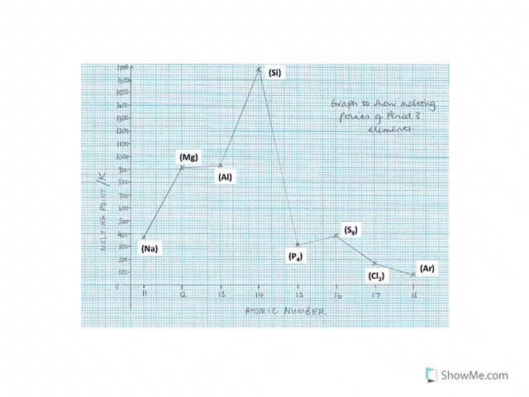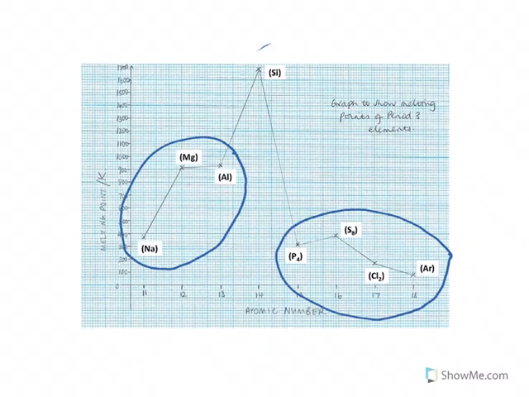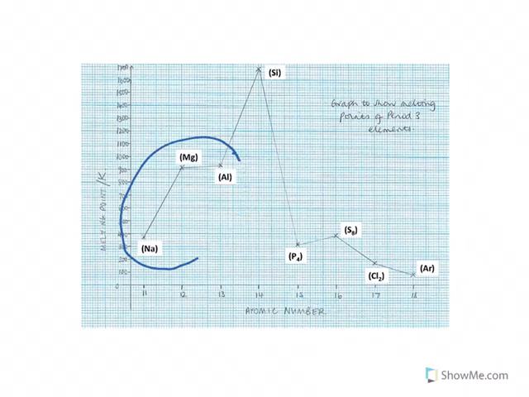What I'd like to consider is these 3 elements together. Those are the metals. Silicon on its own up here, and these 4 non-metals together as well. So let's begin by thinking about the 3 metals together over here. So sodium, magnesium and aluminium.